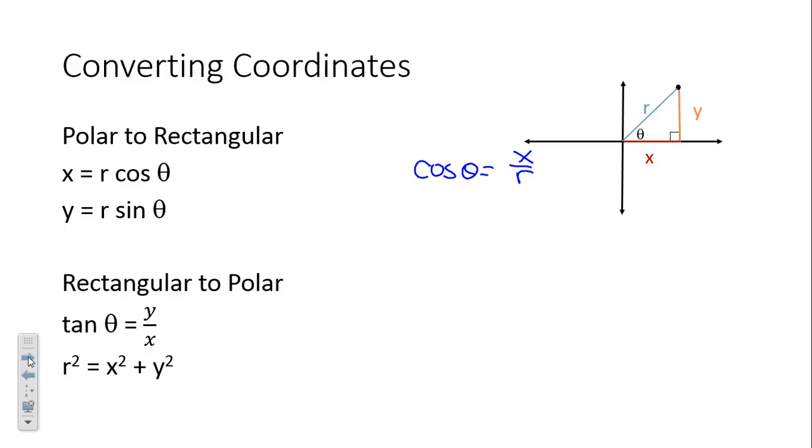If I want to get the x all by itself, it's currently being divided by the hypotenuse, by r, so I multiply both sides by r. So x is r times the cosine of theta. When I want the y value, I need to use the sine ratio. So sine of theta is equal to y over r, opposite over hypotenuse. To get the y by itself, I take r times the sine of theta.